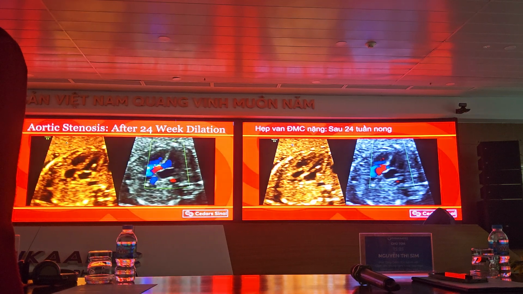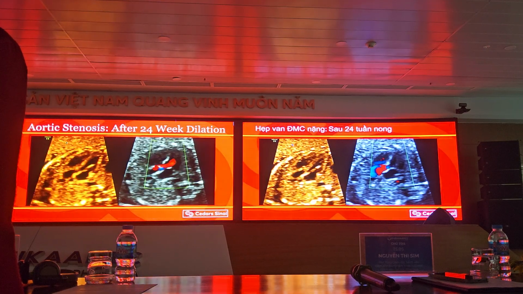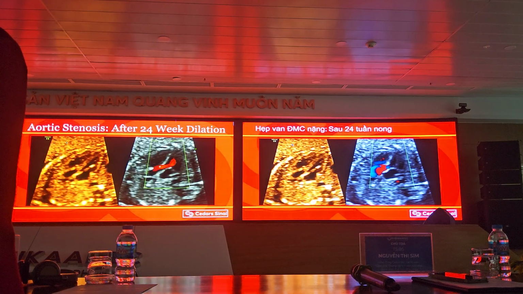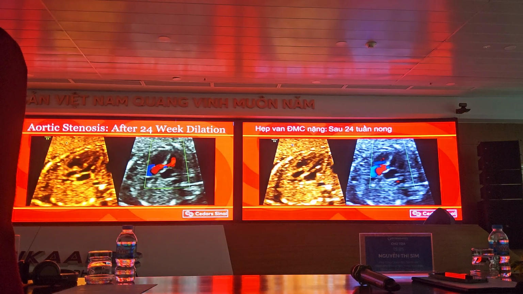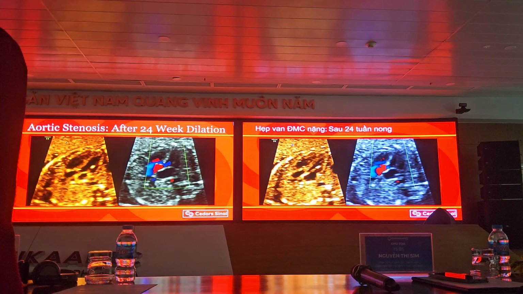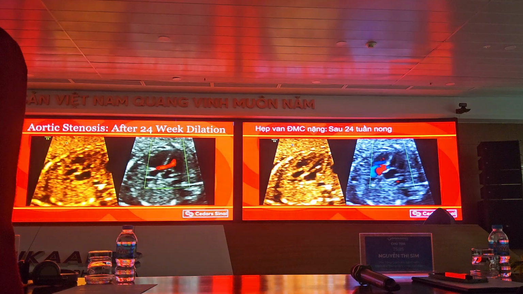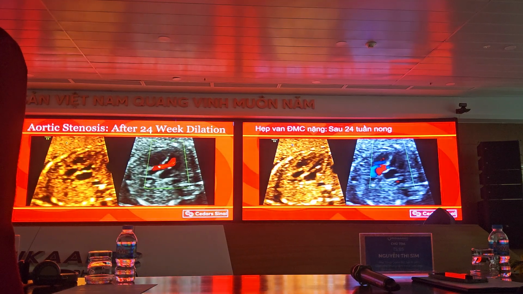Here's a case of aortic stenosis that I saw before birth, then was dilated in Boston, and has retrograde flow, aortic regurg, which is very common. We want to see that after a successful balloon dilation. They pretty much always see aortic regurgitation that goes away during the remainder of the pregnancy.